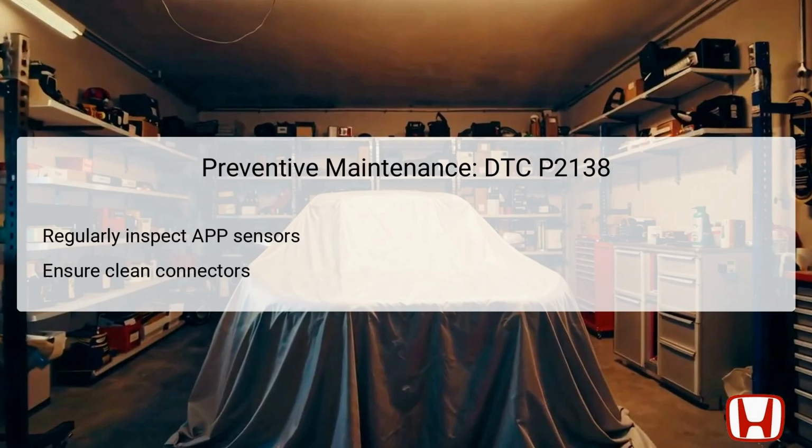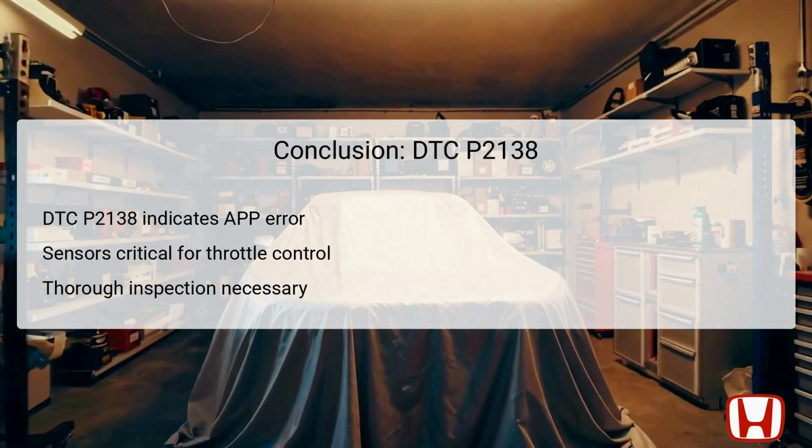In summary, DTC P2138 highlights an issue with the correlation between accelerator pedal sensors, which is critical for engine performance and throttle response. Proper troubleshooting and identification of the problem require a step-by-step approach that includes checking circuits, sensors, and ultimately the PCM if needed.